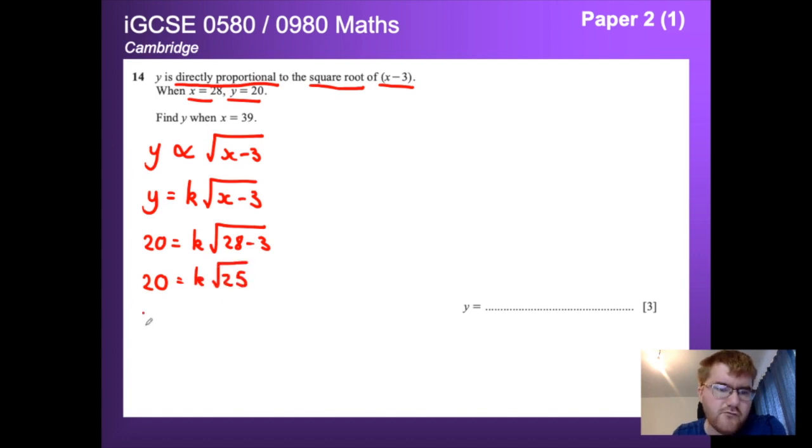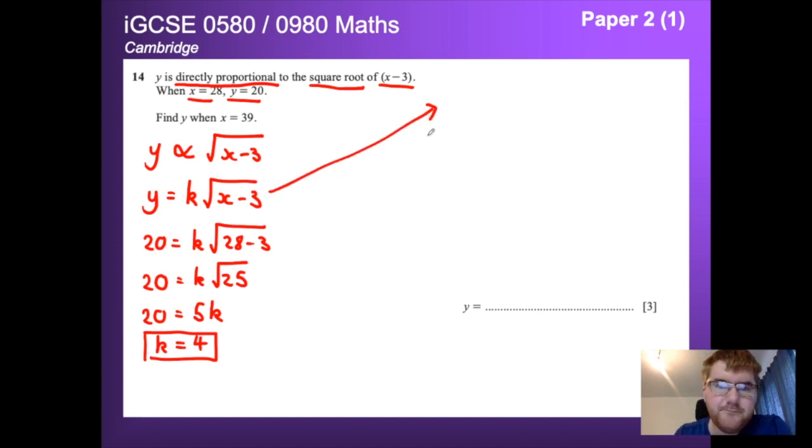The square root of 25 is equal to 5. And if 5k is equal to 20, then k is equal to 4. So this is the key information that we needed. So the equation we're going to use for the rest of the question is this one, but instead of a k, we now know what k is. So we get y equals 4 times the square root of x minus 3.